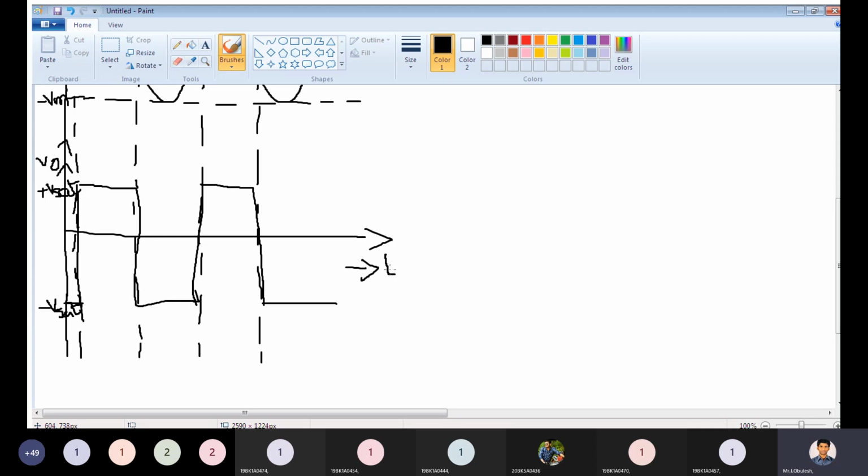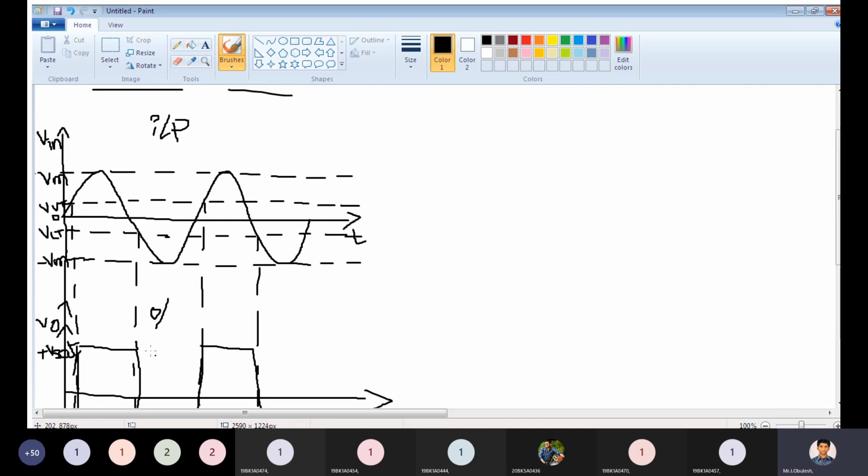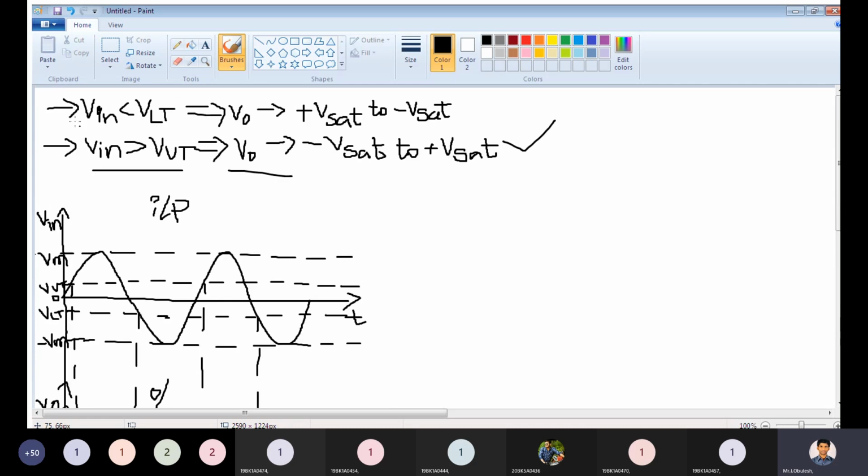Here you need to take the time period T. So this is the output waveform for V_in greater than V_UT. Then if the V_in value is less than V_LT, the output will start from plus V saturation to minus V saturation.